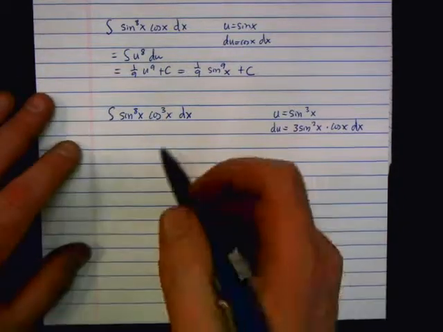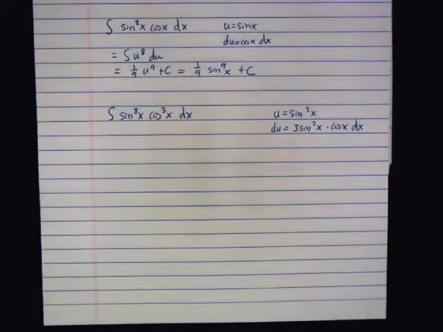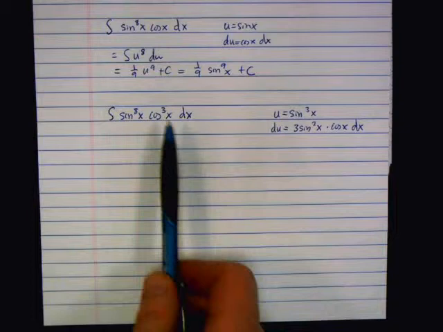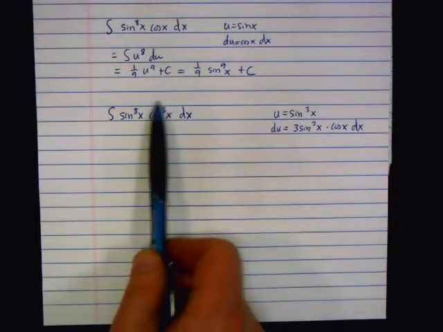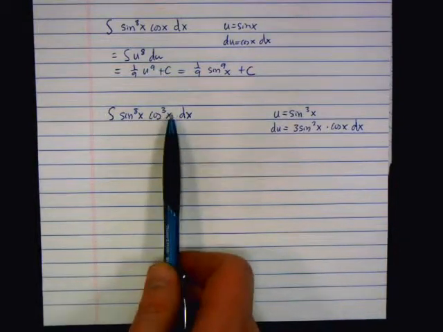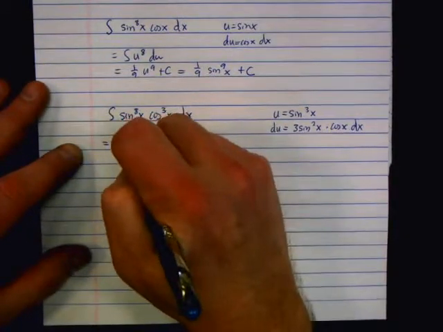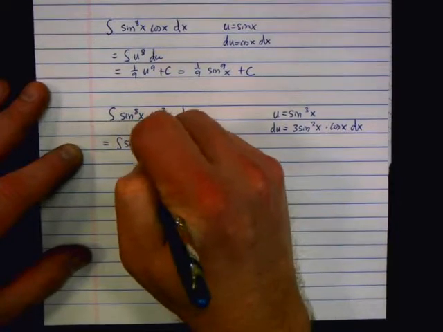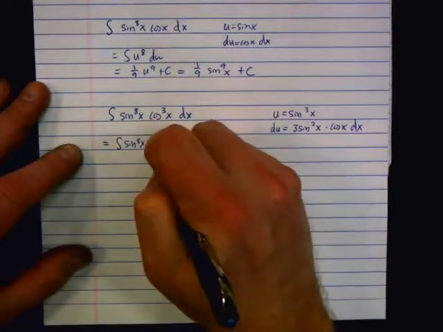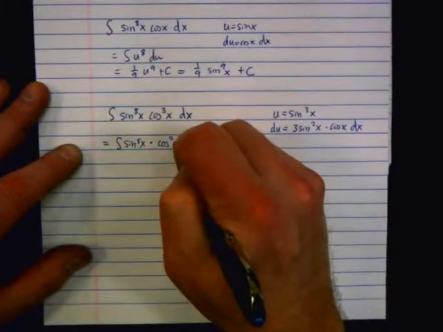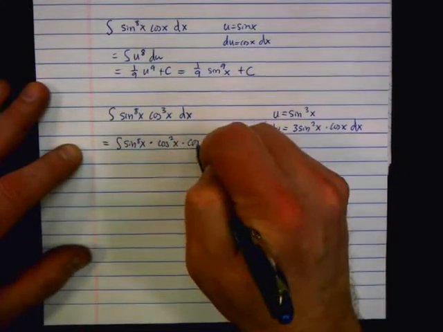So here's what we're going to do. When you're dealing with sines and cosines, you really want one of them to have an odd power. Having odd powers is a very good thing. So this is going to be the integral of sine to the 8th x, and then cosine cubed I'm going to write as cosine squared x times cosine x.